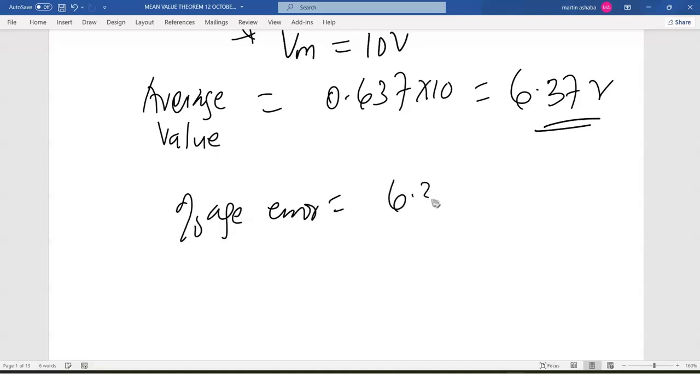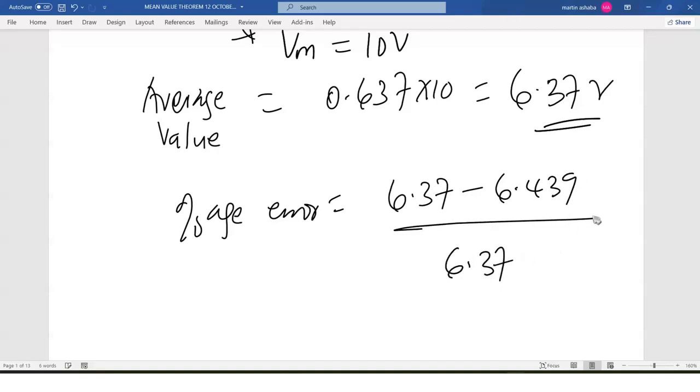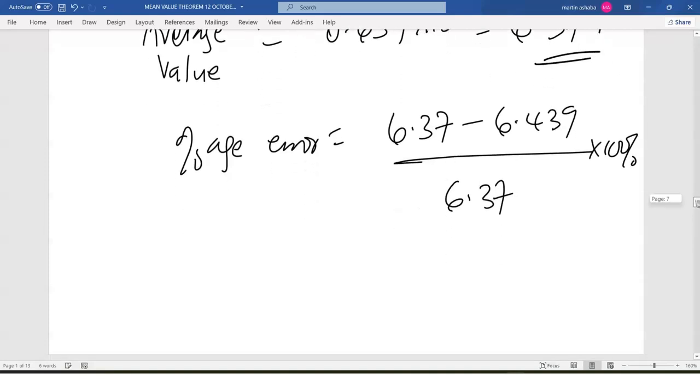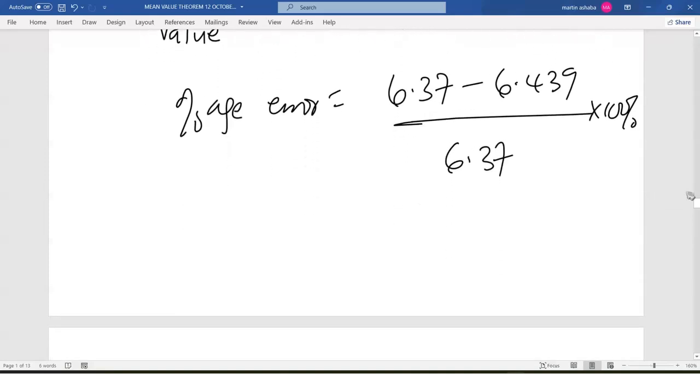That is, 6.37 minus 6.439 divided by 6.37 times 100, if the error has been asked for. So we have approximately 1.1% error, and negative.